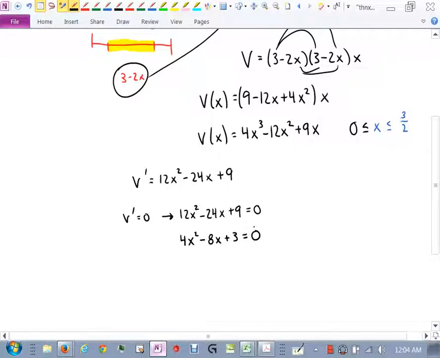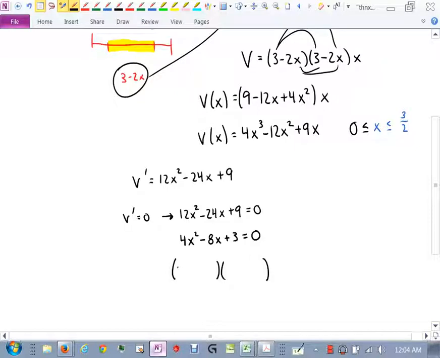This is a quadratic equation. So there's different ways to solve this. You could probably use the quadratic formula. You could try factoring. Will factoring work? 12, yeah, that will work, I believe.